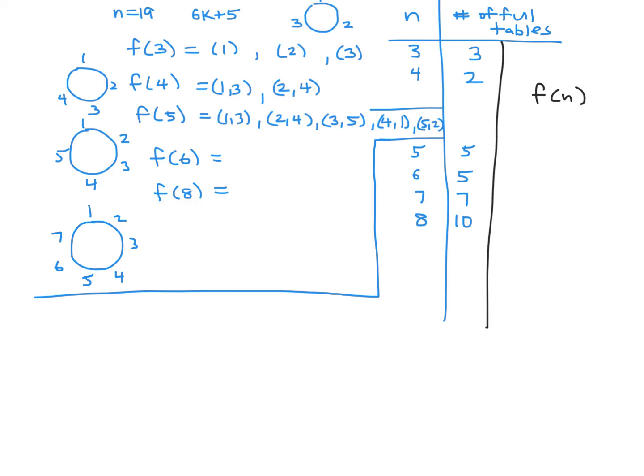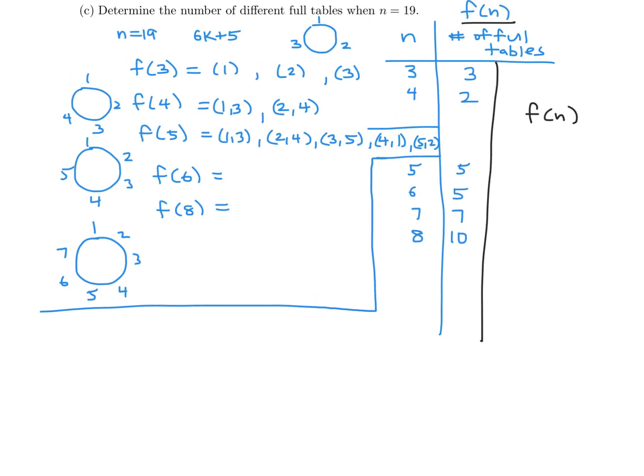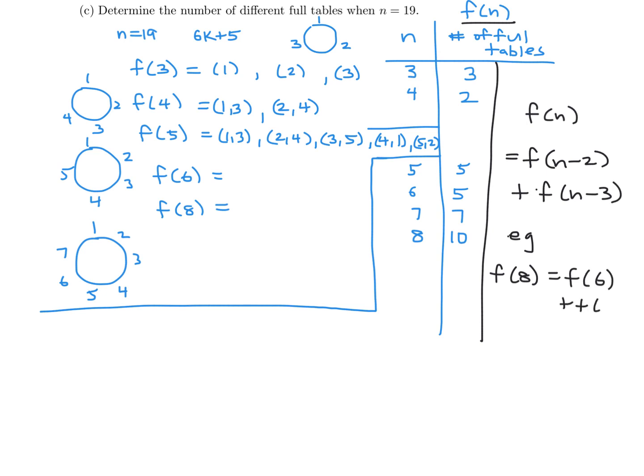And the pattern is such that f at n, if this is f at n right here, this column, is equal to f at n minus 2 plus f at n minus 3. So for example, f at 8 would be equal to f at 6 plus f at 5.